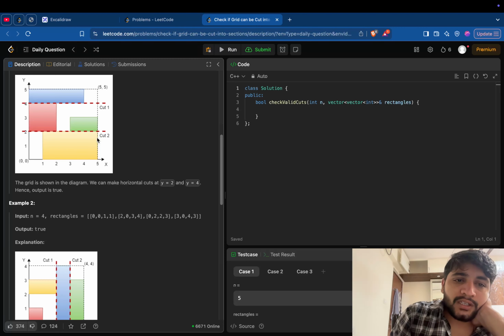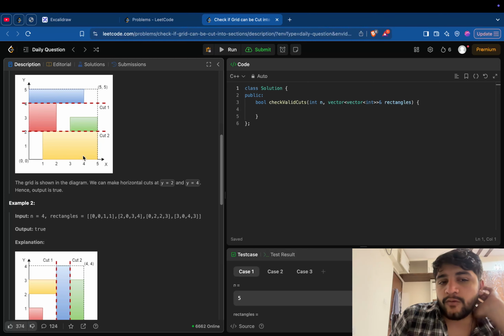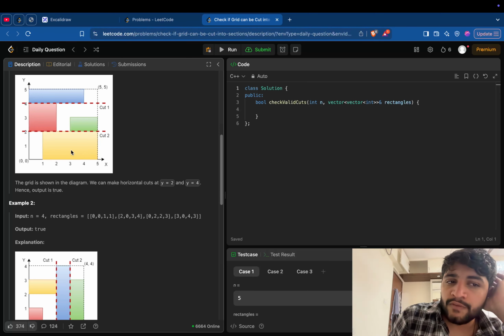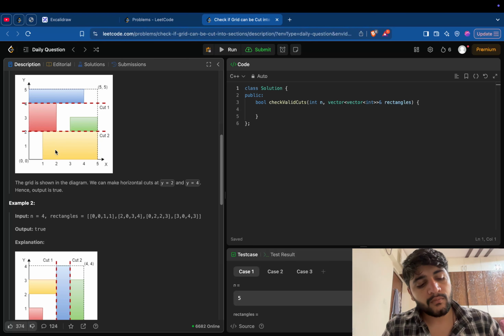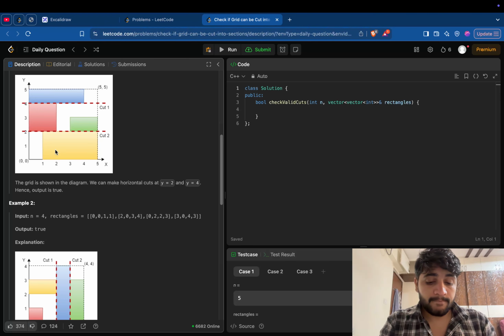So what we can do here is, the sections don't need to be equal. They can be of different sizes. So what we have to do is go along the x-axis, and whenever we find the end of one rectangle, like we start from 0 to 1 to 2 this side, and we have this rectangle first.